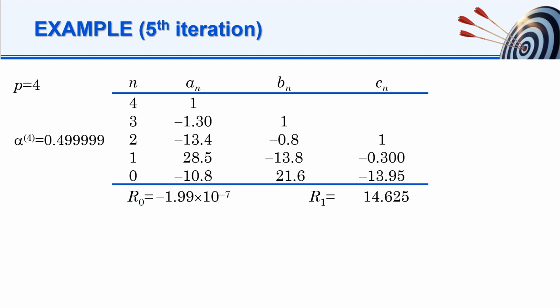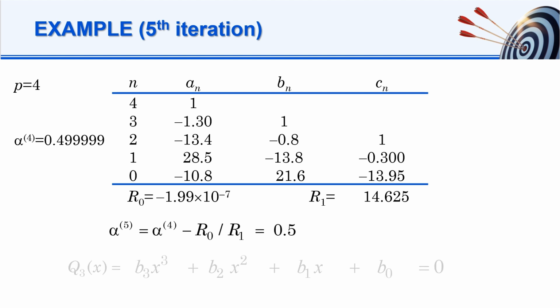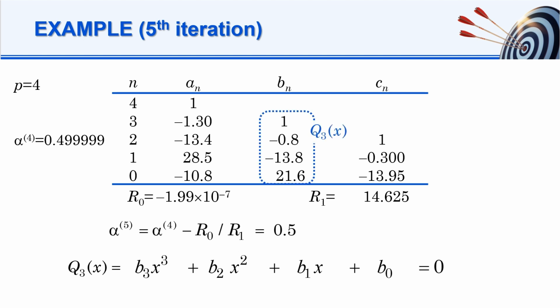The fifth iteration yields 0.5, and our R0 is less than 2 times 10 to the minus 7, which satisfies the convergence criterion. The array B is the coefficient of the quotient Q3.